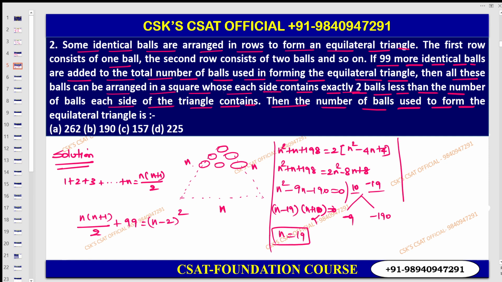Now after knowing n is equal to 19, you need to find the number of balls used to form the triangle. Number of balls means you need to add up 1, 2, 3, 4, 5, 6, like that.